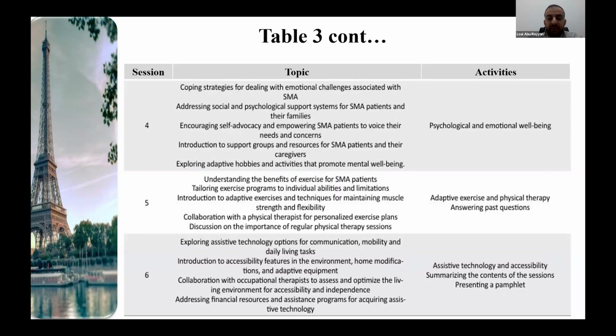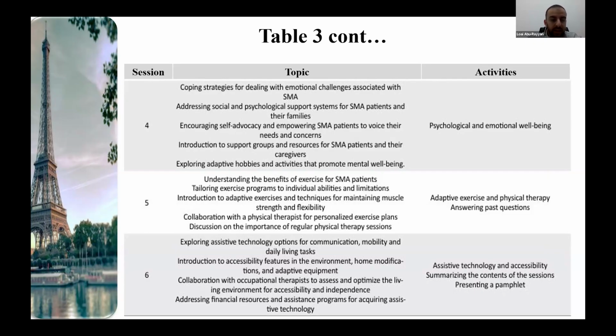Understanding the benefits of exercise for SMA patients, tailoring the exercise program to individual abilities and limitations, introduction to adaptive exercise and techniques for maintaining muscle strength and flexibility, using activities of adaptive exercise and physical therapy, and answering past questions for this family.